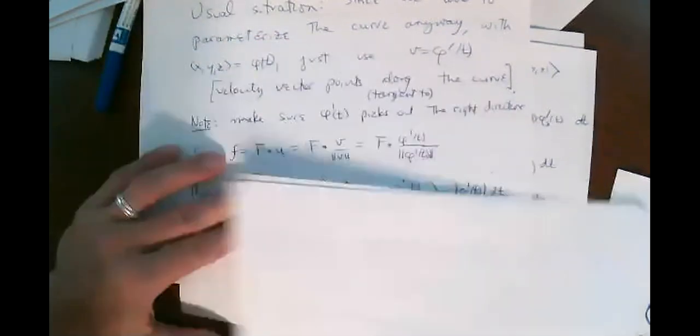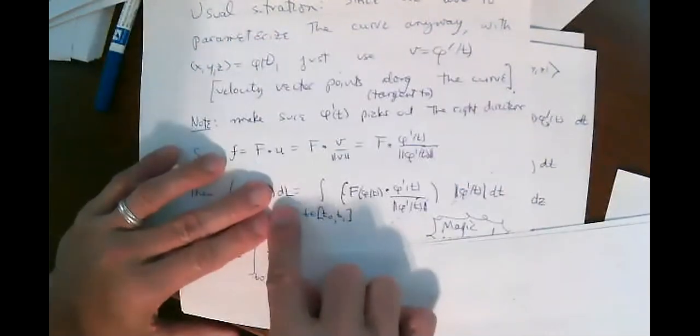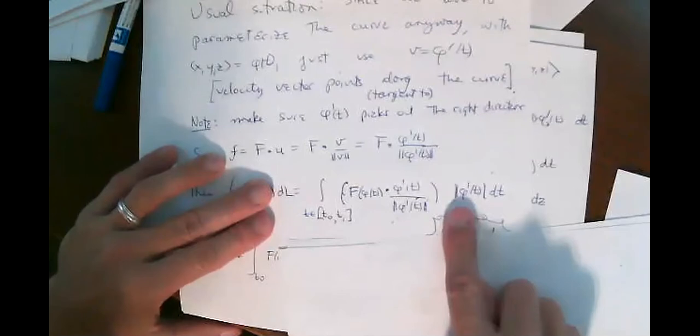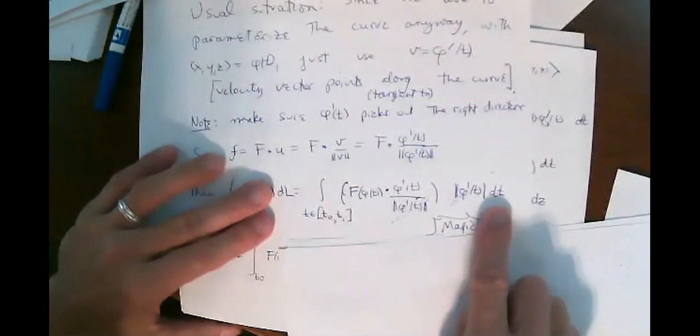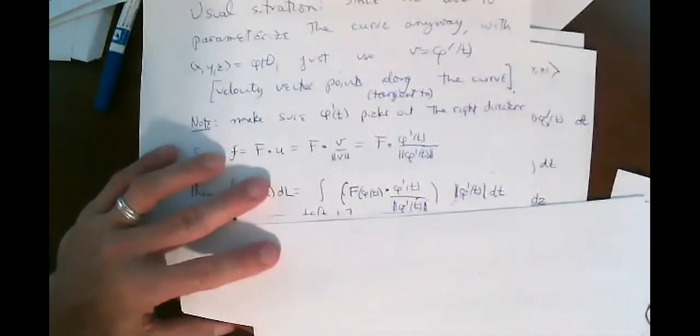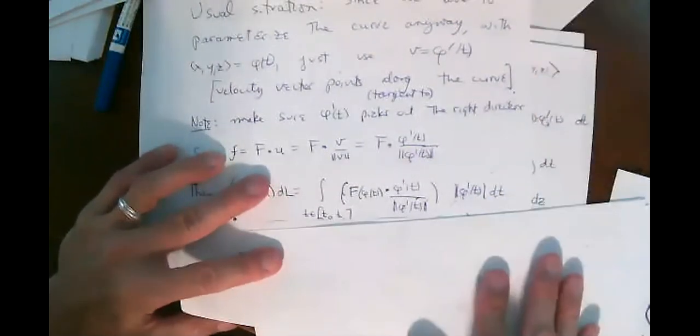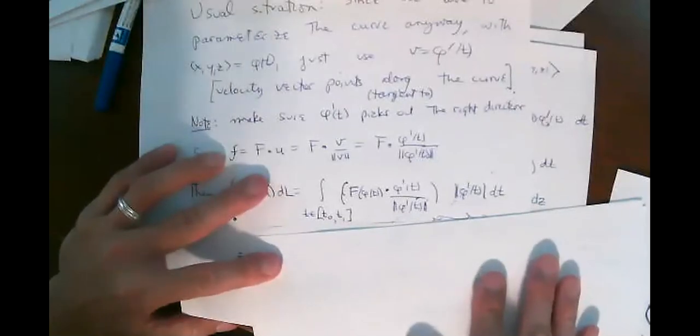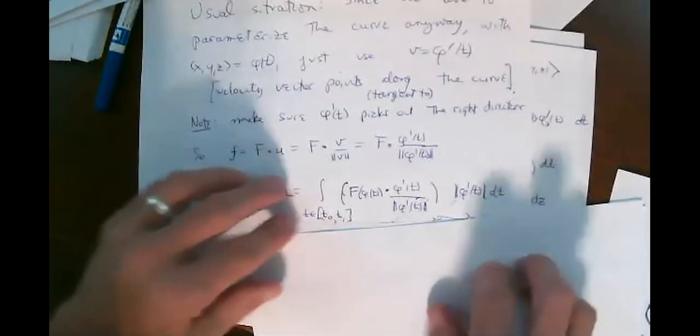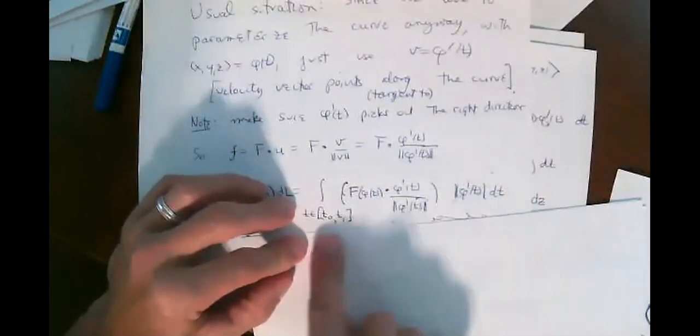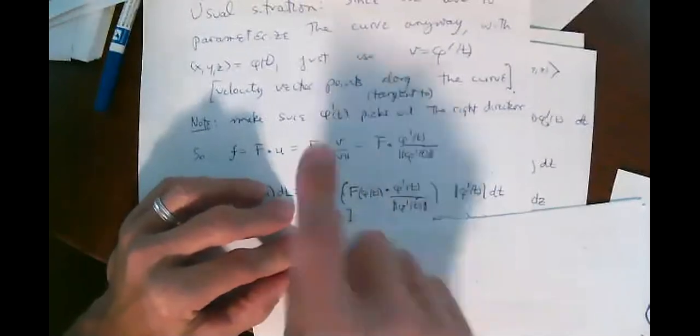Or since I'm using the word time, you could say the little bit of length, you get length by multiplying your speed times the time elapsed. And there you go. Now you have an integral that's expressed in terms of t alone. And that's what you have to integrate. Integrate this function of t with respect to t on that range of t's.